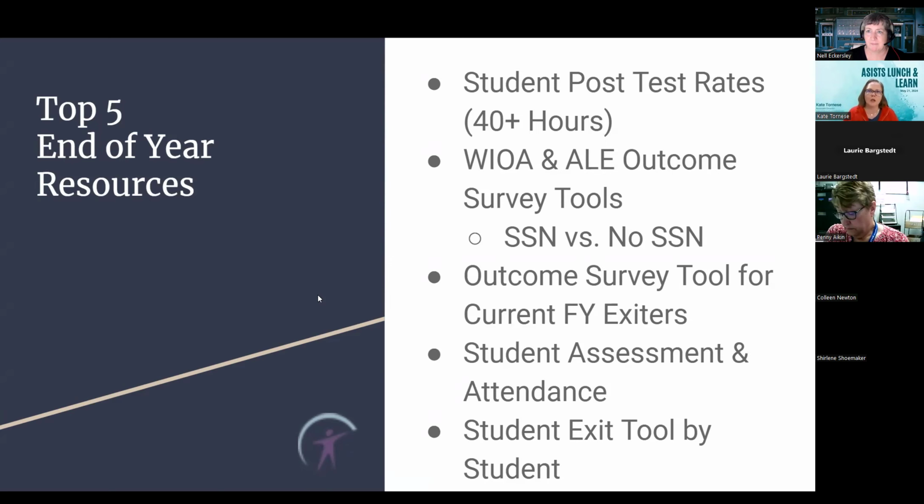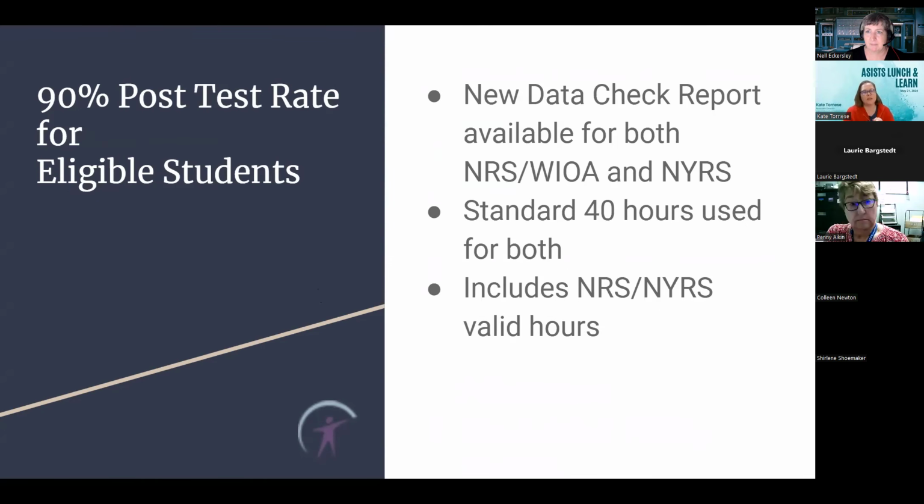So the 90% post-test rate target for eligible students has been in existence now for 2 or 3 years, but you were sort of left on your own to figure out whether or not you had achieved that, and that's obviously not an ideal situation. So we did design a new data check that is available for both NRS and NYRS.